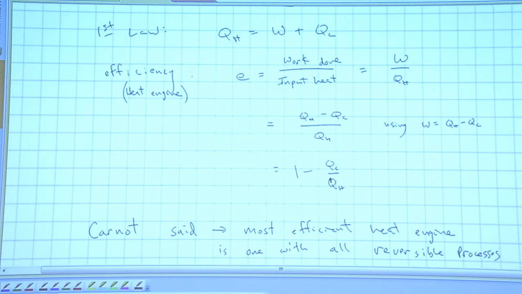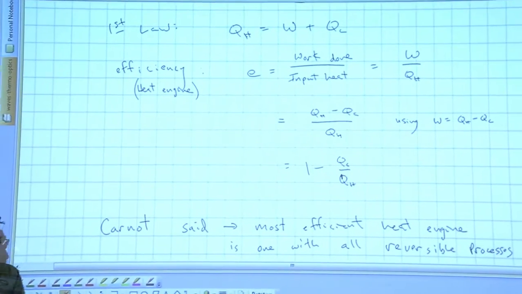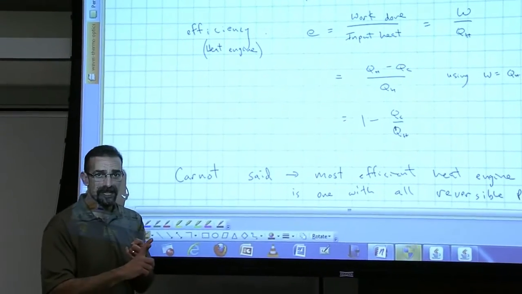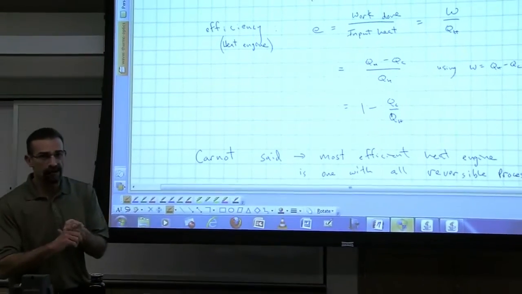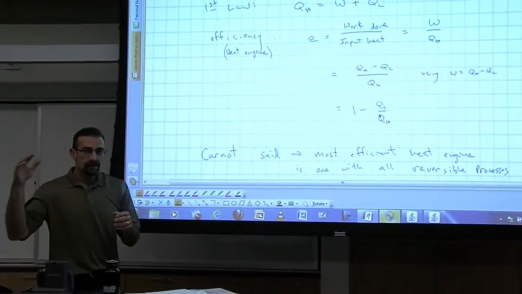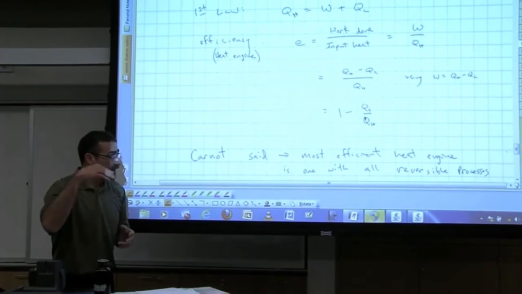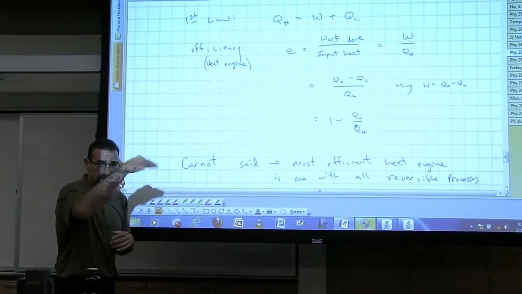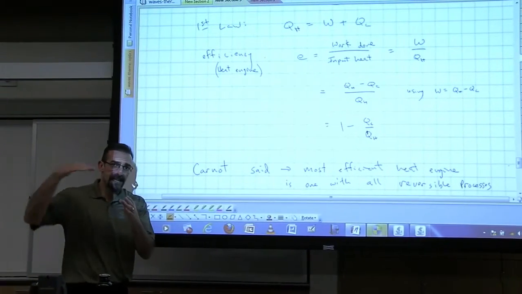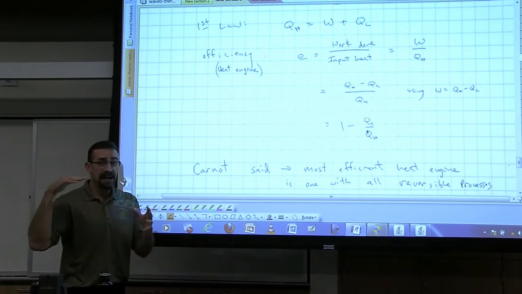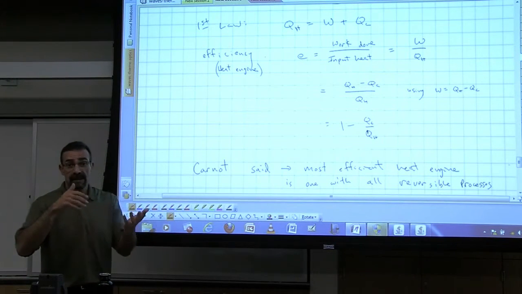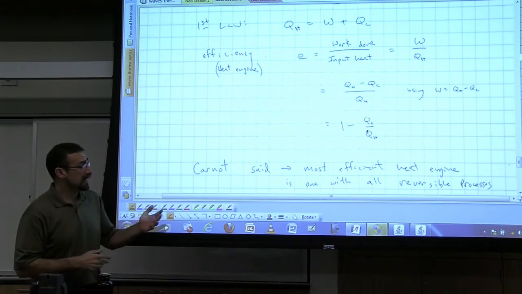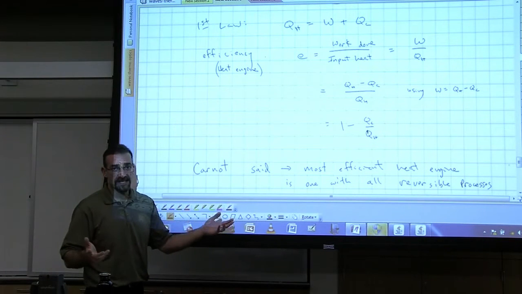When we are on a roller coaster, if there was no friction and no air resistance, the roller coaster takes off, you go through the roller coaster, you get back to your starting point, and you have the same energy that you left with. That would be sort of a reversible process.